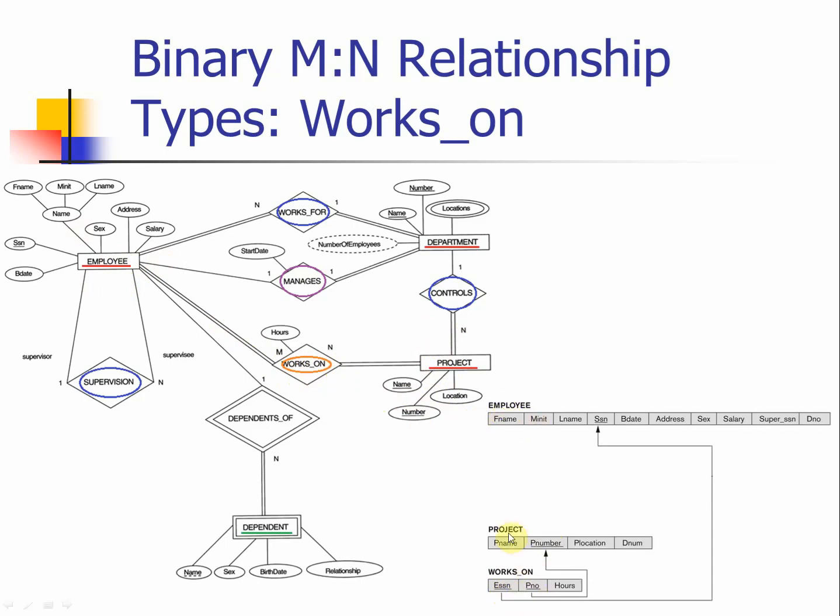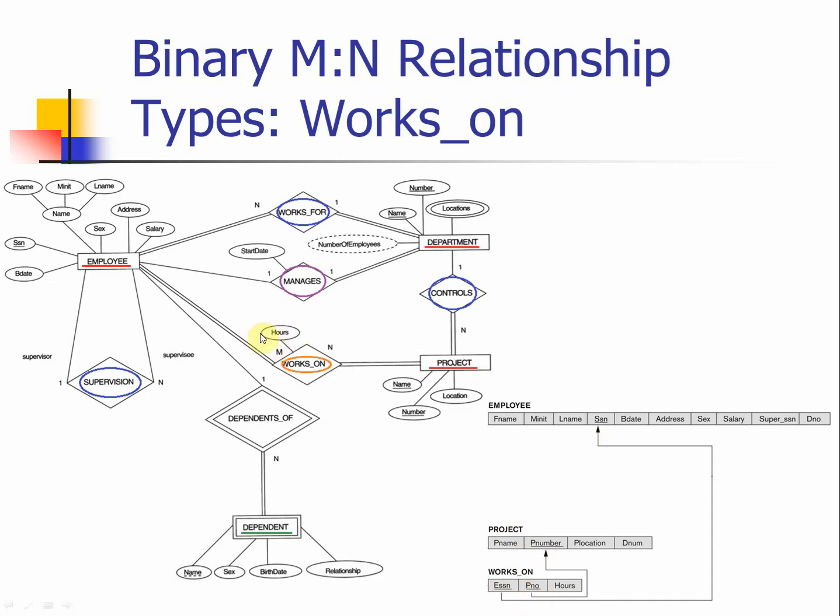We have PNO, that's the primary key that comes from the project. So we need to include those two attributes, forming the foreign keys to the two tables so that we can connect all of them together. The primary key of this new relation would be the combination of the two primary keys. So ESSN underlined, PNO underlined, so that we form a composite primary key over here.